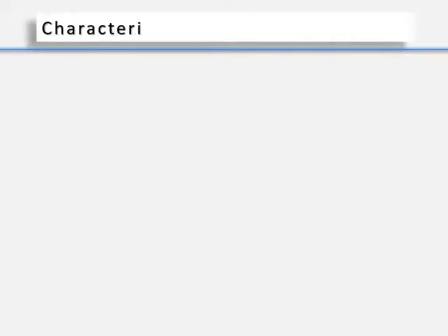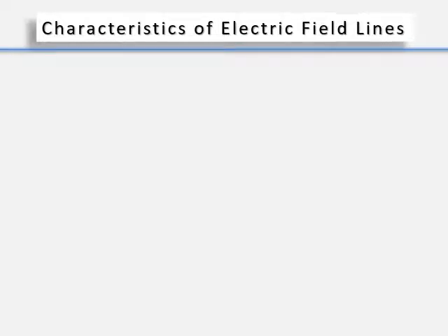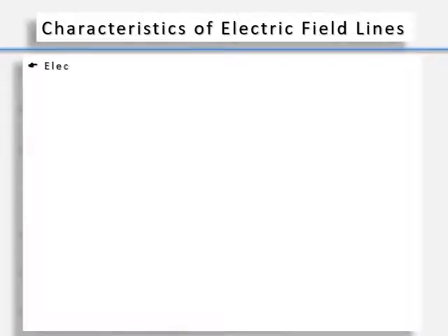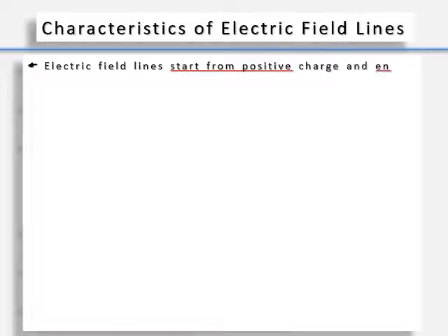So let us now conclude. Now we know a lot of things about electric field lines, and let us make a list of characteristics of electric field lines. Now we know that any positive charge can be represented by outward arrows, and a negative point charge can be represented by inward arrows, or we can say that field lines start from a positive charge and field lines end at a negative charge.